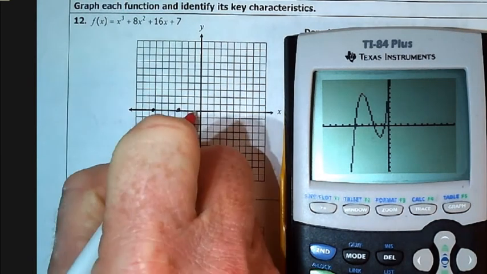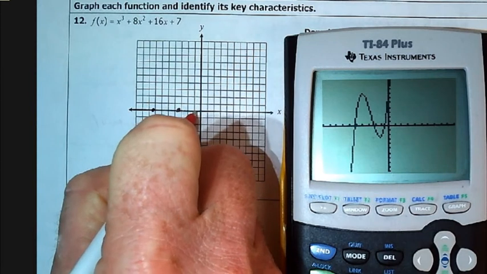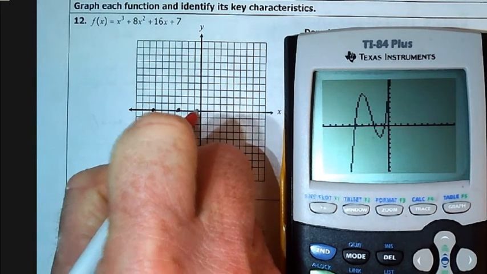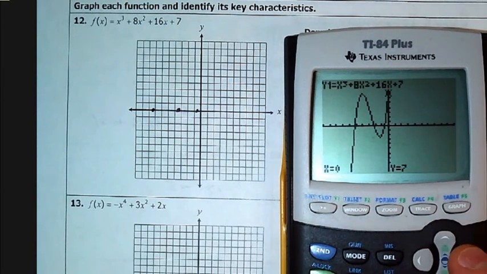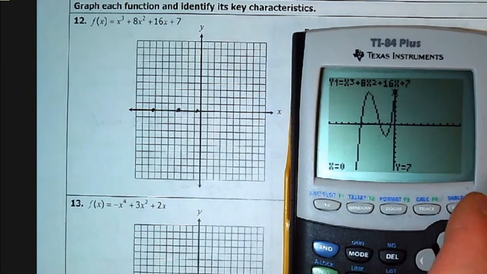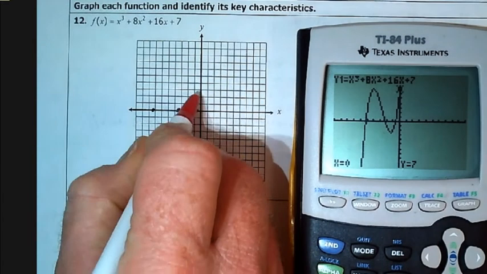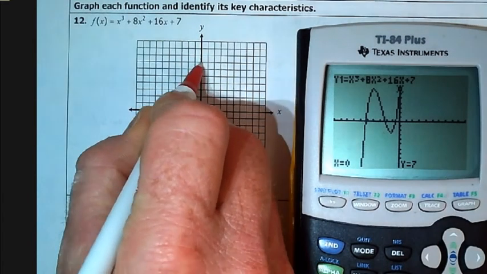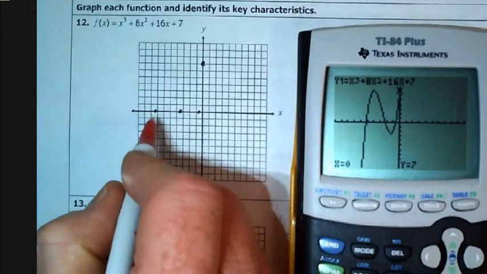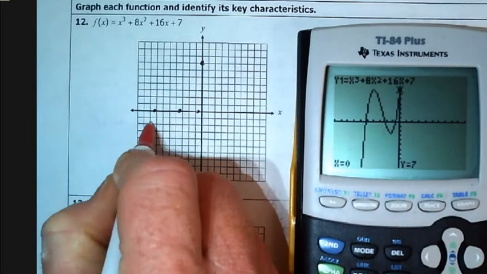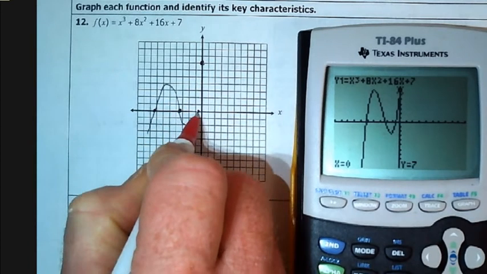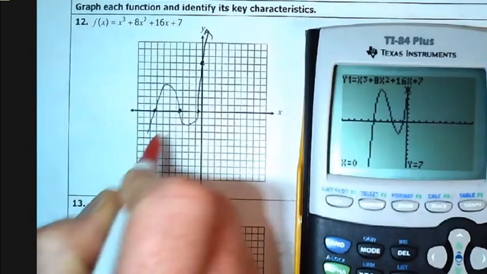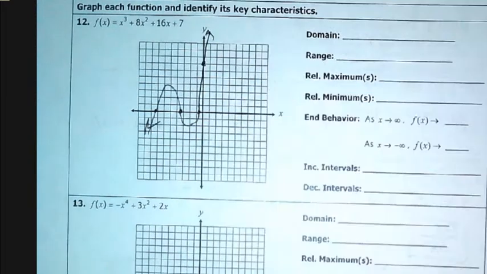And there's a point just to the right of negative 1. And if we trace this, we see that it crosses the y-axis at 7. 1, 2, 3, 4, 5, 6, 7. And so our curve is doing this. Not a great drawing, but it's okay.